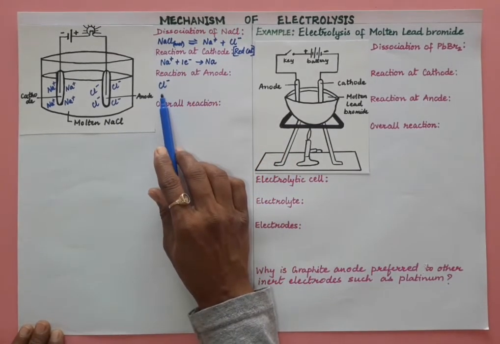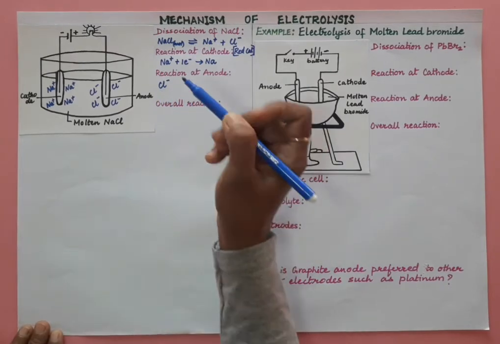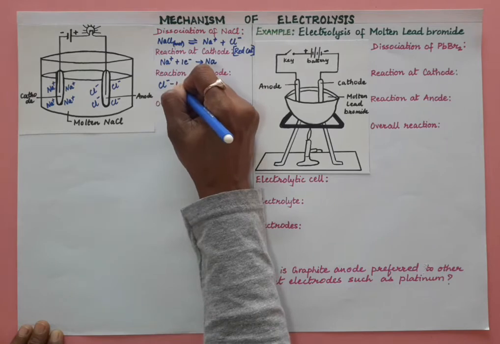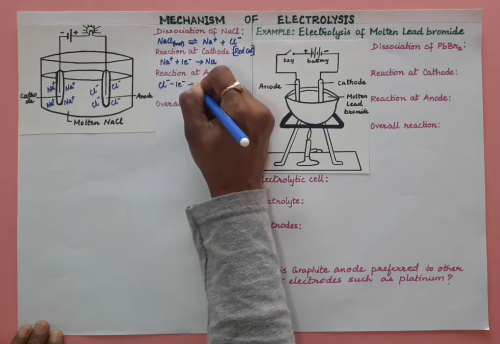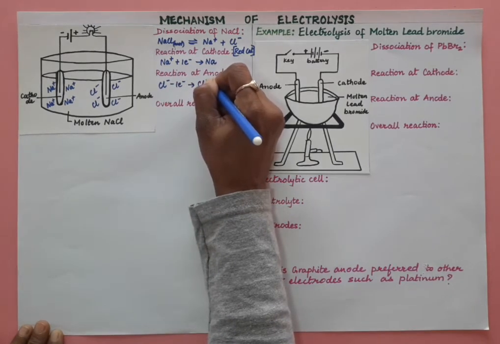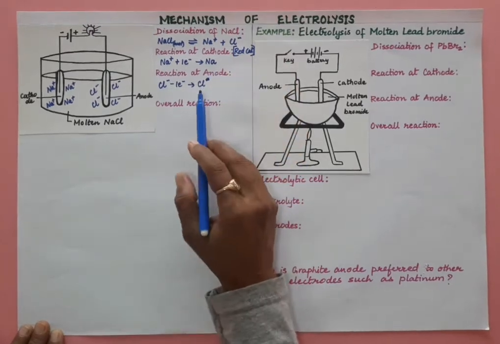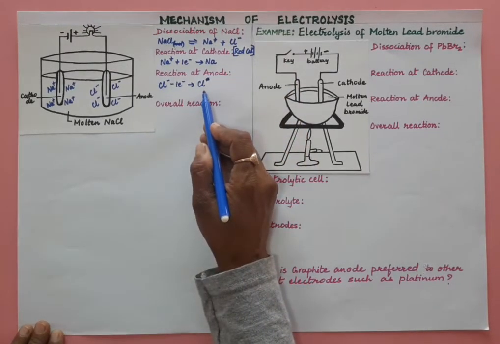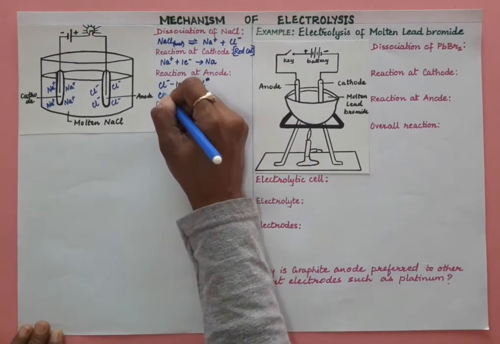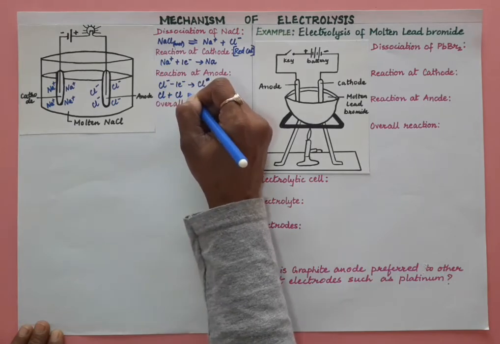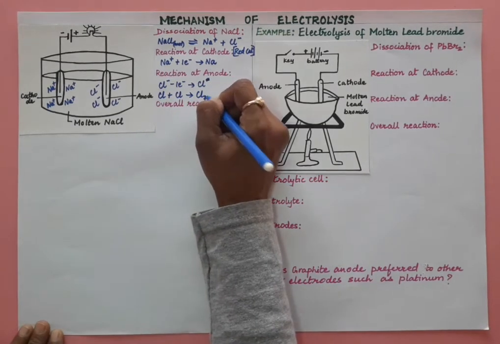Anions always have an excess of electrons. As anions have excess electrons, they lose electrons and are converted into neutral atoms. But this Cl will not exist as a single atom. It will combine with another Cl and form a chlorine molecule.